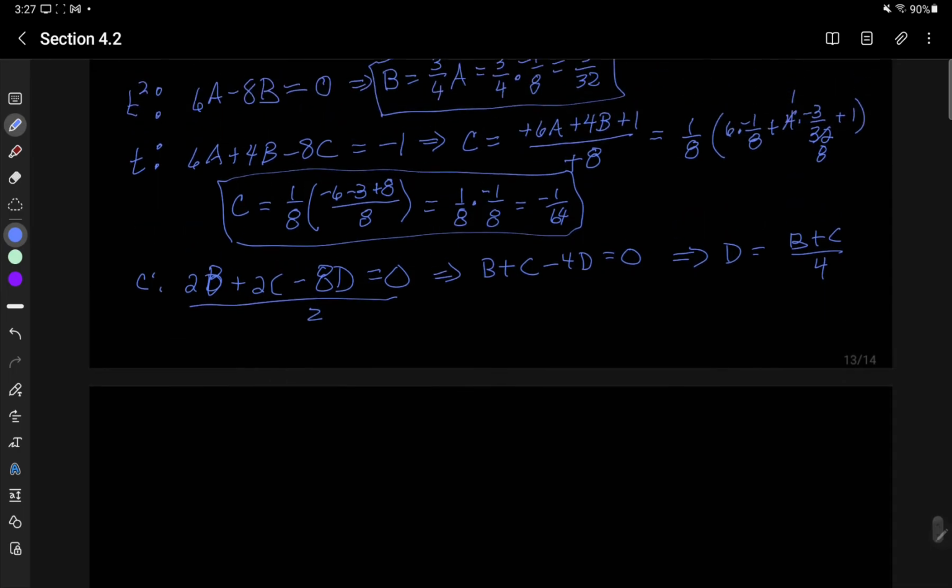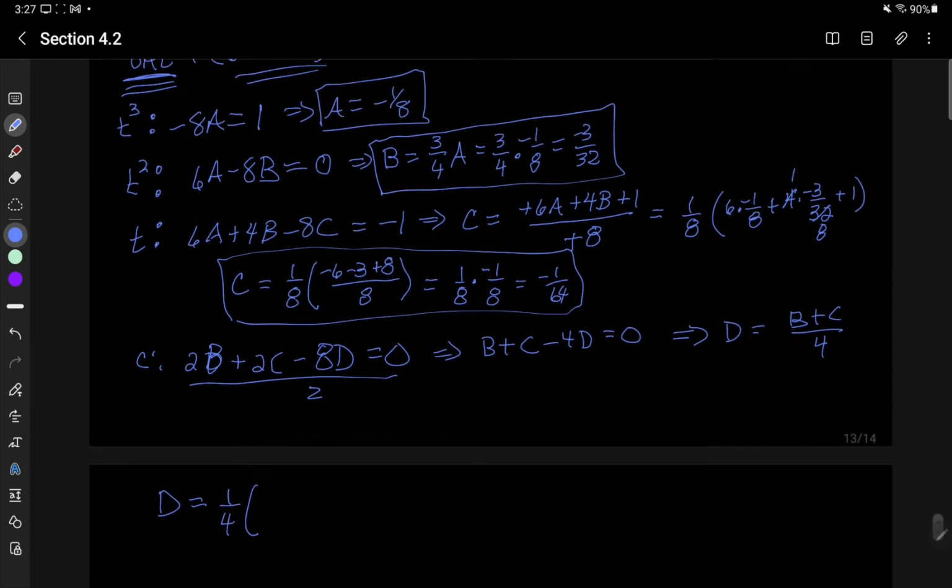Let's get a new page. So I get d equals 1/4 times b. b is -3/32 plus c, and c is -1/64. So inside parentheses, I'm going to have -6/64 minus 1/64.